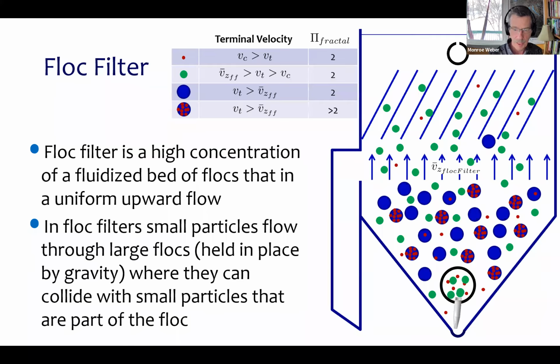As they're flowing through, there's a chance that they will collide and attach inside the floc. So that's this idea that flocs are filters. When I call this a floc filter, it's in the same way that you could talk about a membrane filter. In a membrane filter, the membrane catches particles. In a floc filter, the flocs catch particles inside the floc.